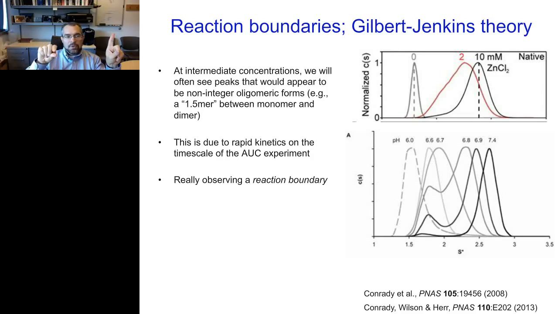Well, that can happen if you have very slow reaction kinetics. But usually what happens instead is you'll see something like we see in the upper right, where the peak of the dimer will shift down to the monomer or vice versa. We're not really seeing our protein fall apart into a 1.5-mer. That makes no sense. Really, this is due to Gilbert-Jenkins theory, and the fast reaction kinetics will give rise to this apparent shift between the two extremes, because what we're really observing is not two distinct species, but a reaction boundary.